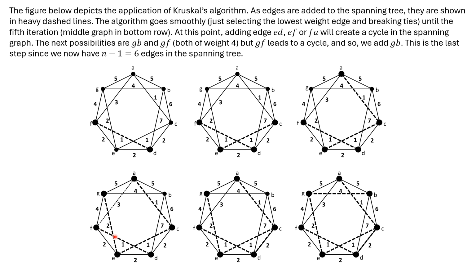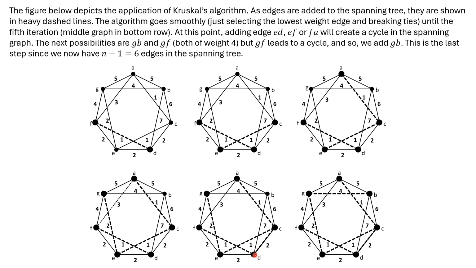So we're still good. We don't have any cycles. It's a little bit hard to see here, but I picked another edge of weight 2. You notice I have a dotted line here. It's a little bit hard to see because it's overlapping one of the outer edges. So that's of weight 2. And so far we don't have any cycles.